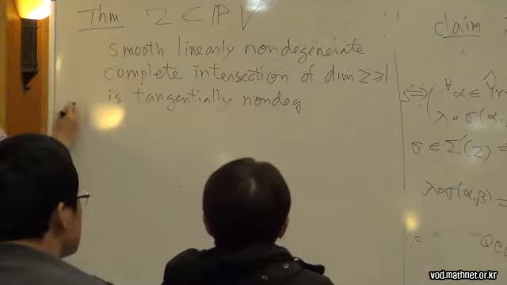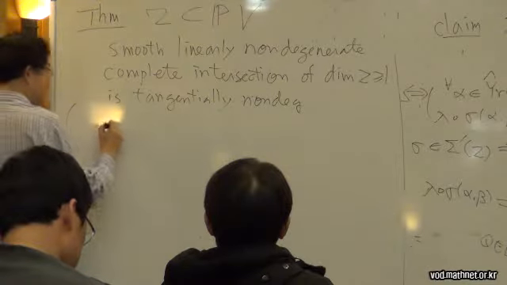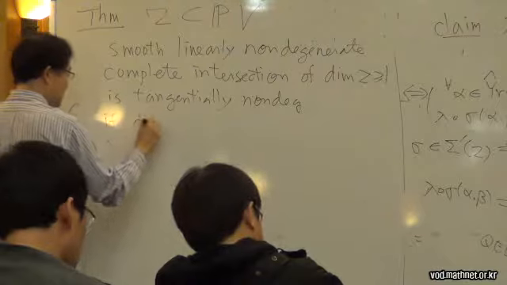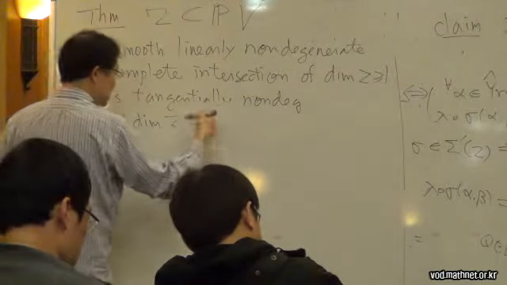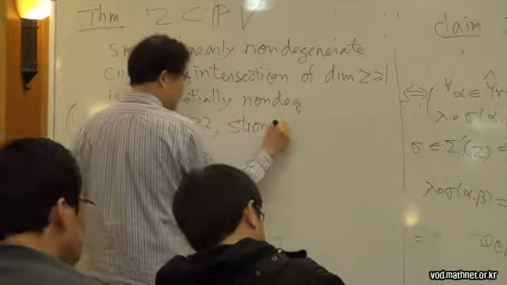So this implies that if the dimension is at least 2, then it is strongly tangentially non-degenerate.